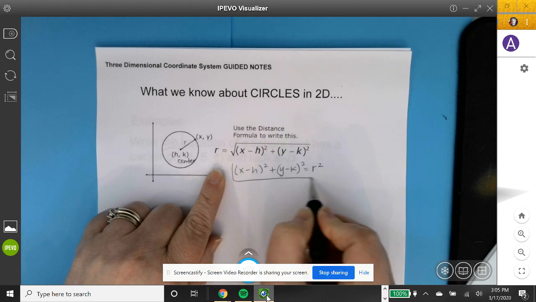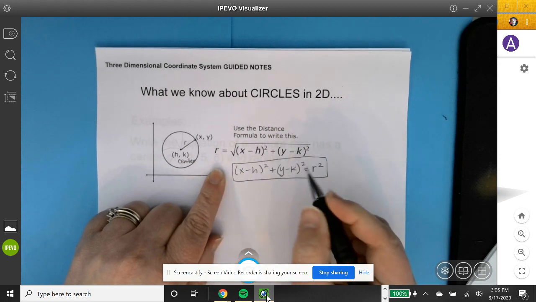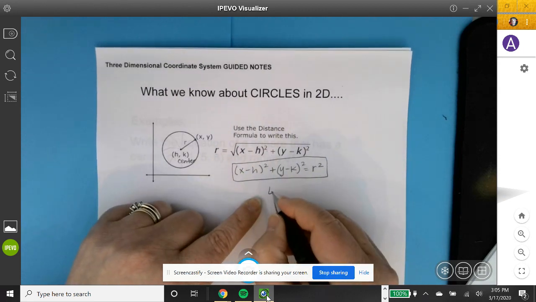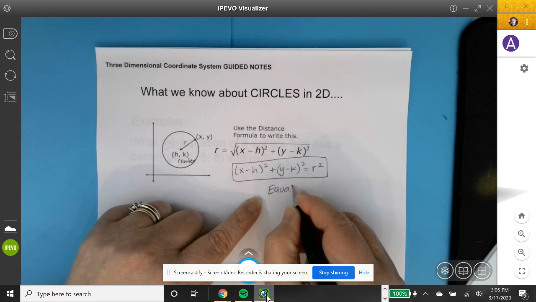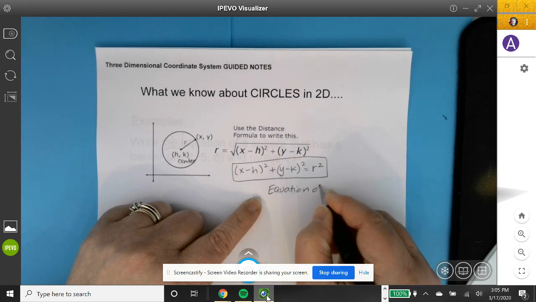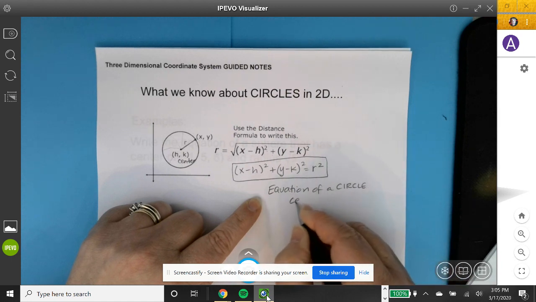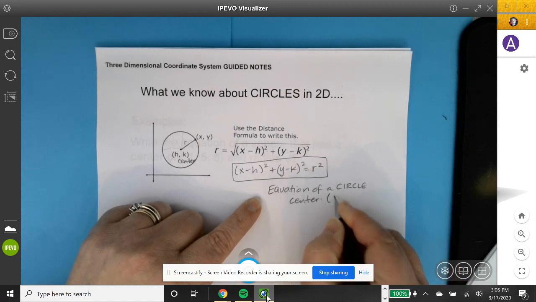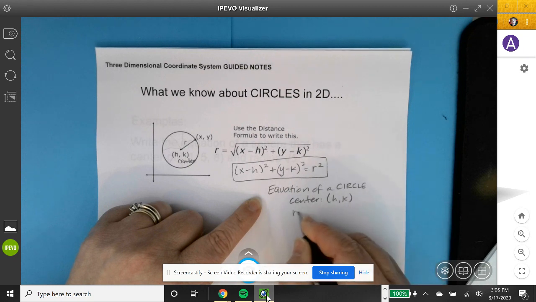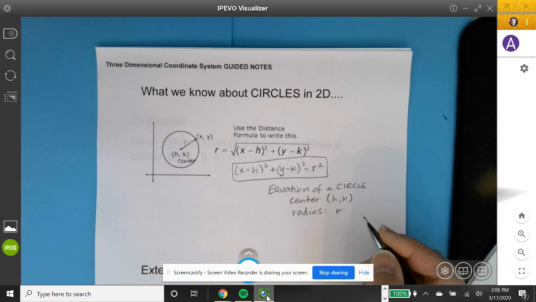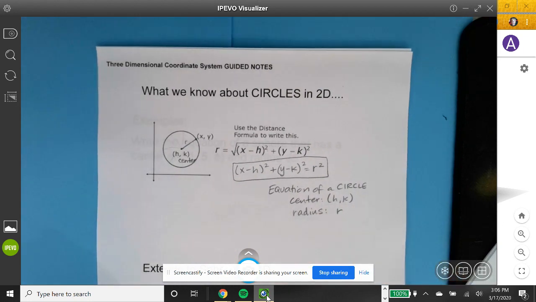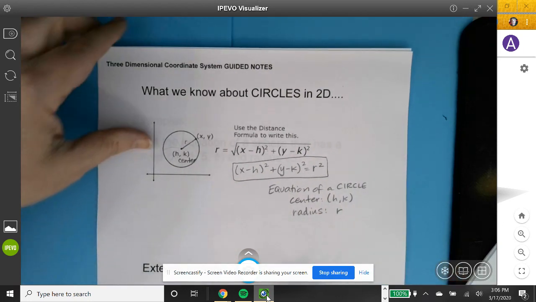And that's the formula we all know and love for circles. So this is our equation of a circle where the center is (h, k) and the radius is r. But what happens is that we can extend this very easily to 3 dimensions.